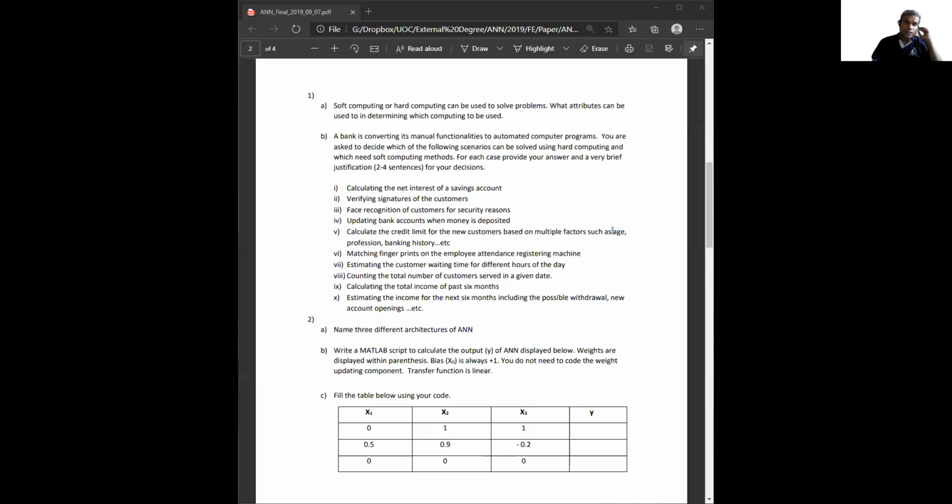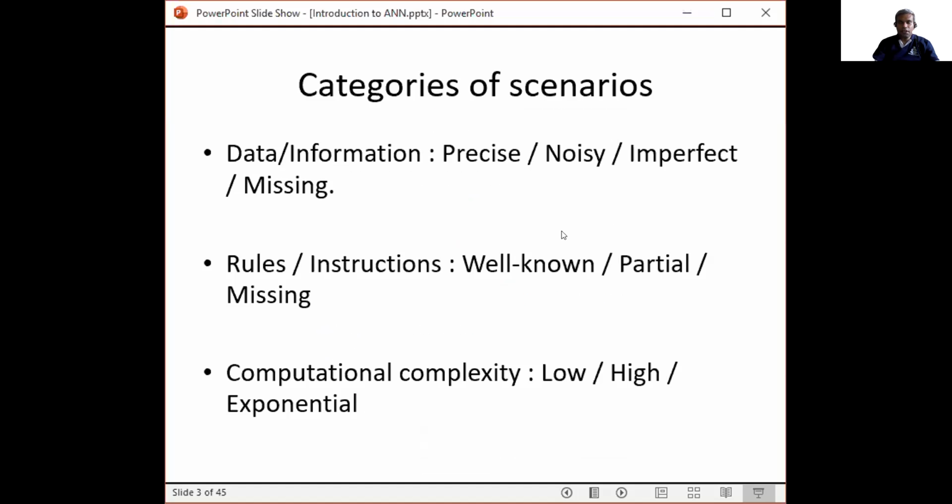So the first part of the question is a very basic one. It is asking why there are two computing types called soft computing and hard computing, and what attributes we can use to determine which computing we use. If you remember, on the first day I showed you a slide like this.